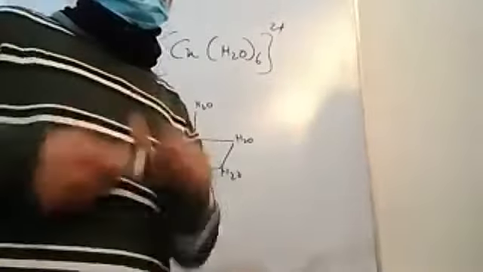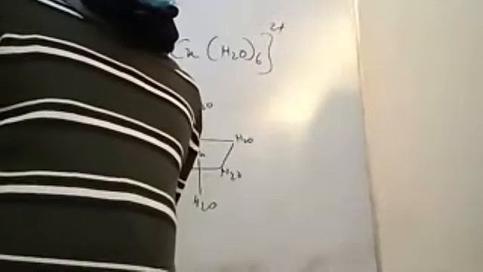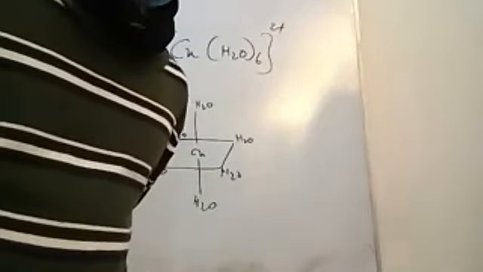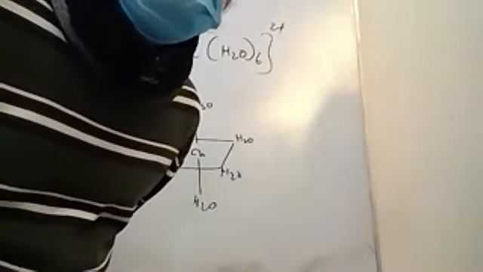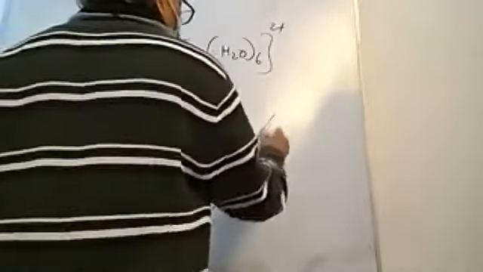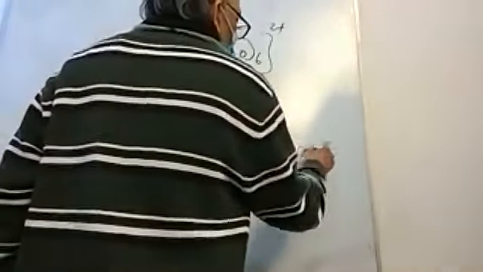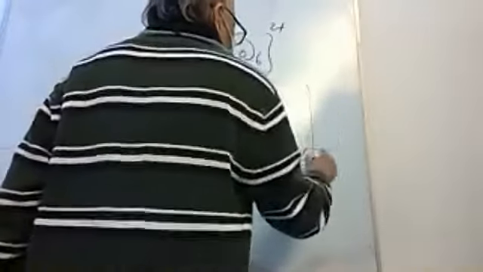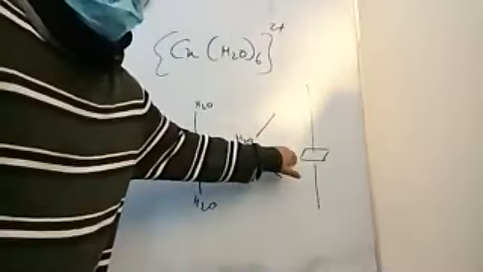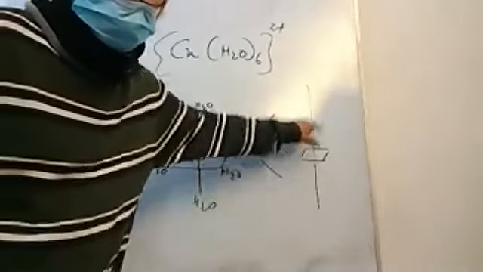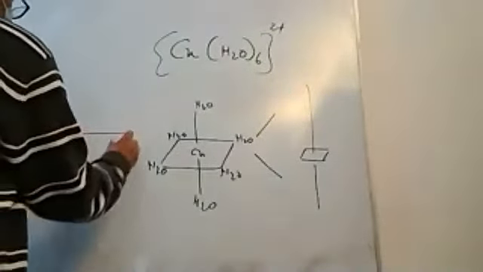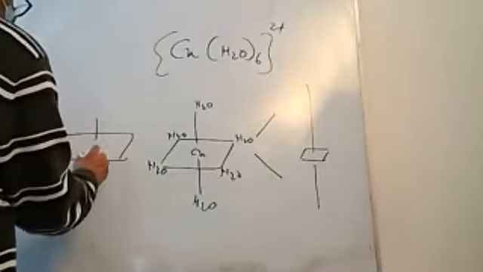But you know what the most surprising thing is? Whenever you have copper in octahedral coordination, your octahedron is never perfect. It is always distorted in one of two ways. Either you have a distortion of the octahedron like that. Can you see this? It's compressed in the plane and expanded in the normal direction, or sometimes you can have a distortion like this.